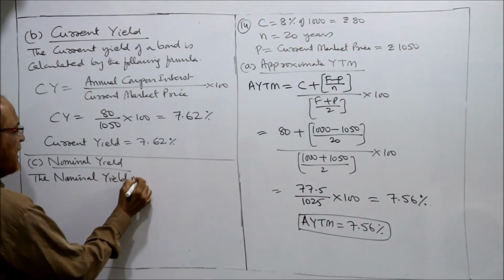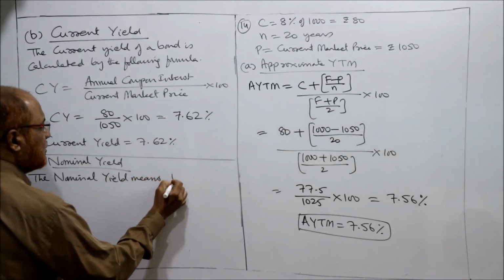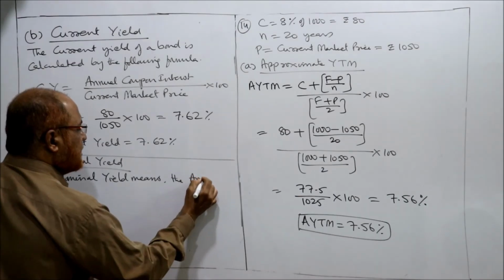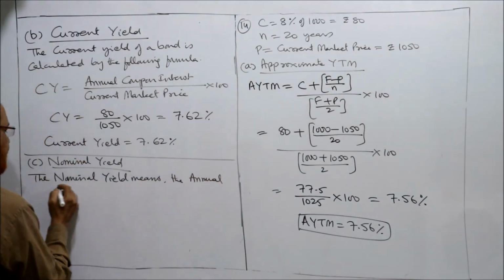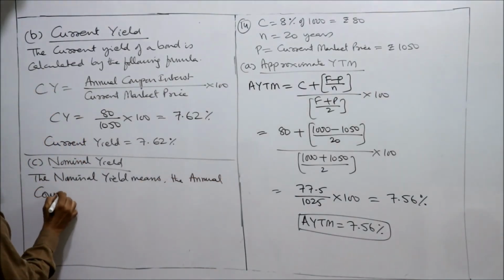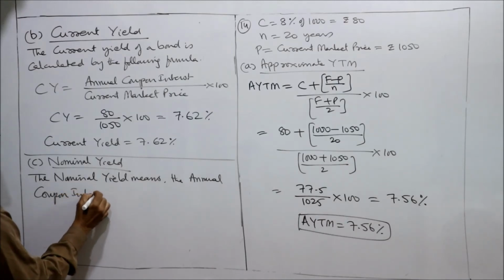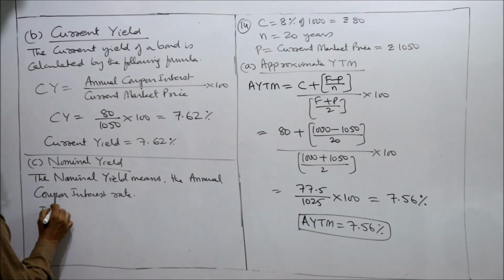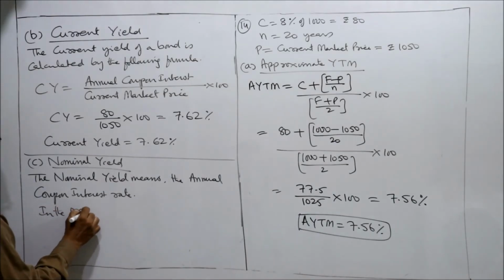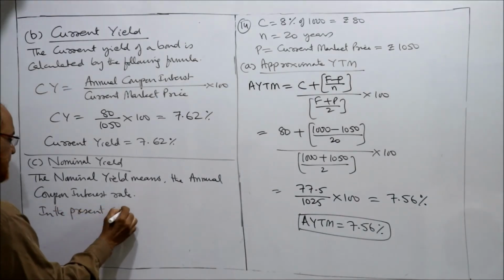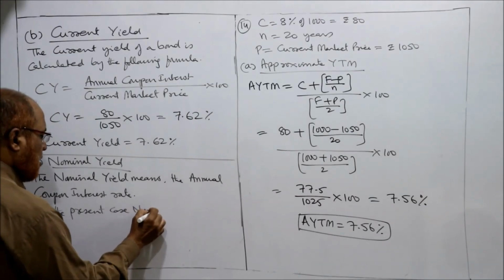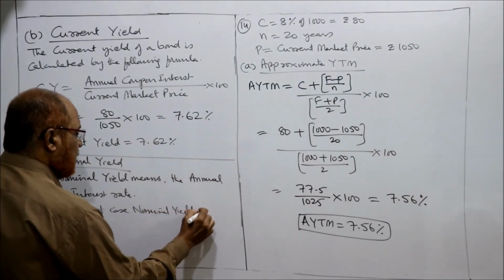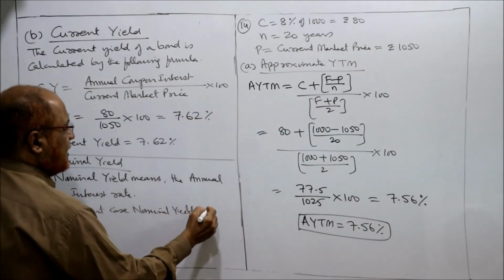The nominal yield means the annual coupon interest rate. In the present case, nominal yield is 8%.